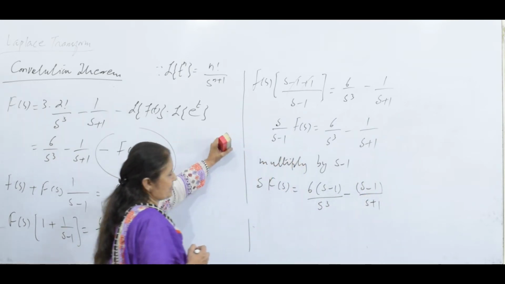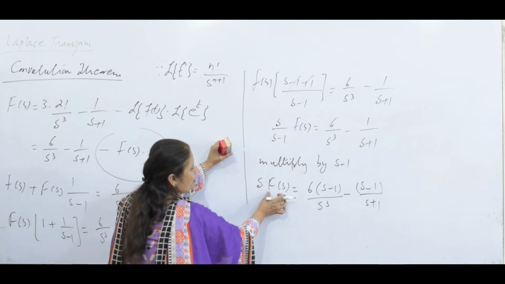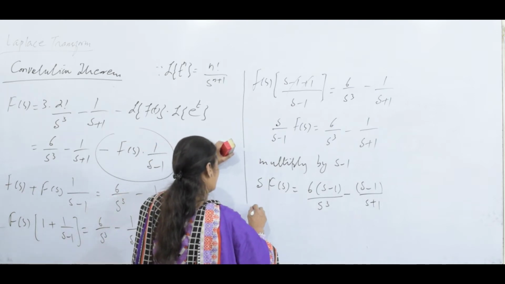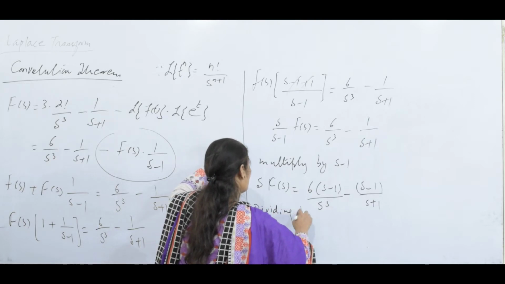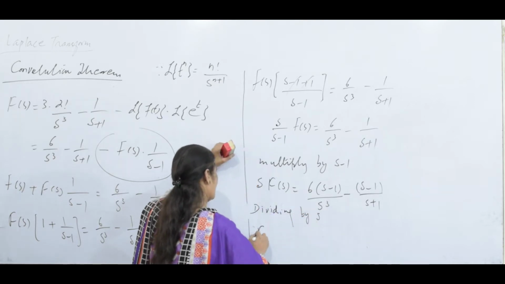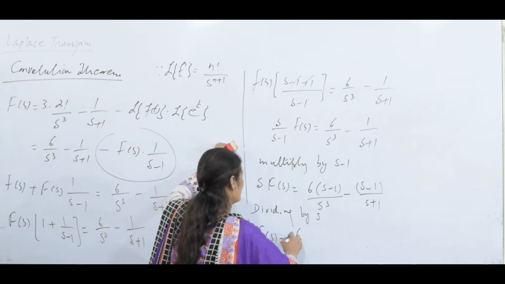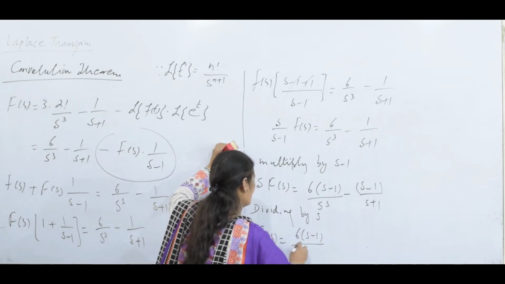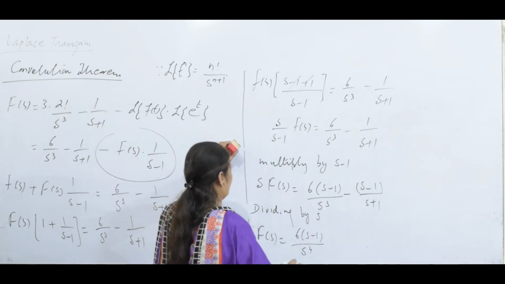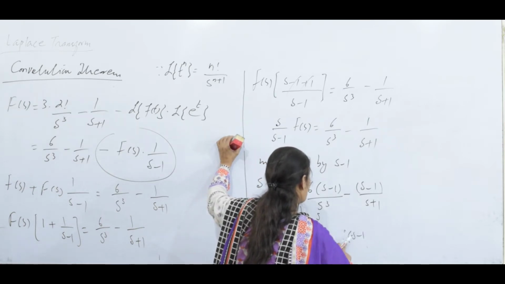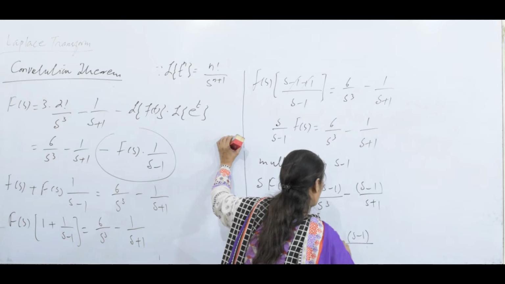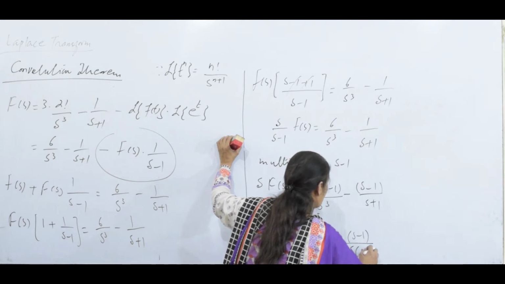This we have multiplied. Now let the coefficient of f of s is s. Dividing by s. We are left with 6s minus 1 over s4 minus s minus 1 over s into s plus 1.